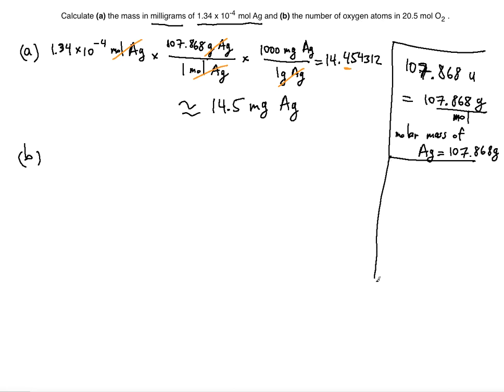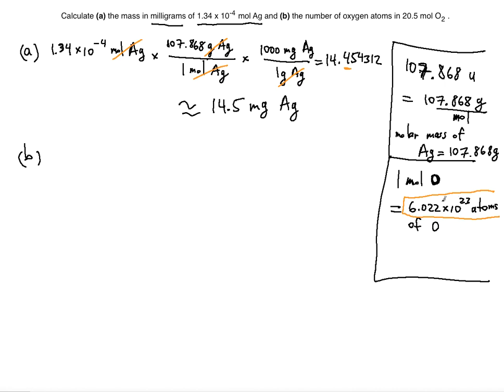So we know for sure that 1 mole of O is going to be equal to 6.022 times 10 to the 23rd atoms of O. Okay, so this is Avogadro's number, 6.022 times 10 to the 23rd. That's Avogadro's number.